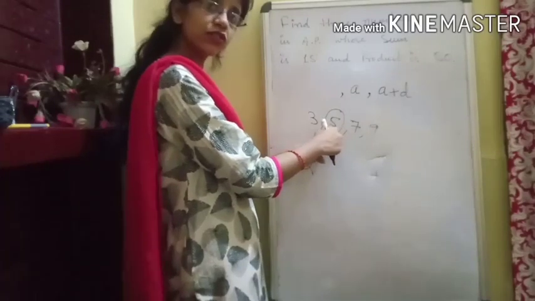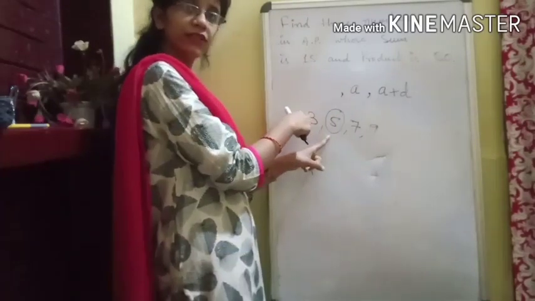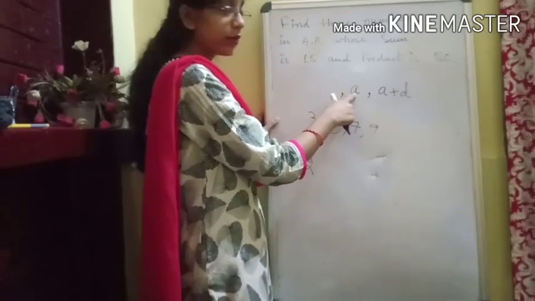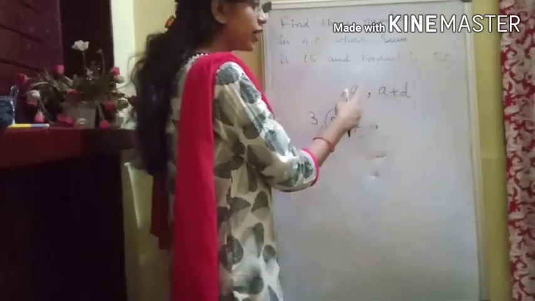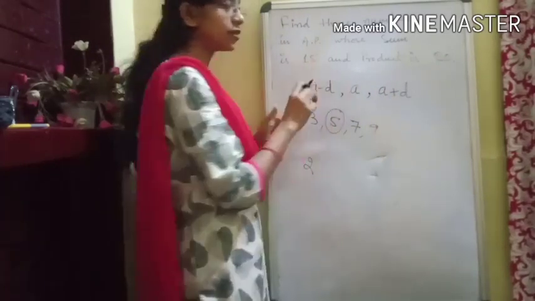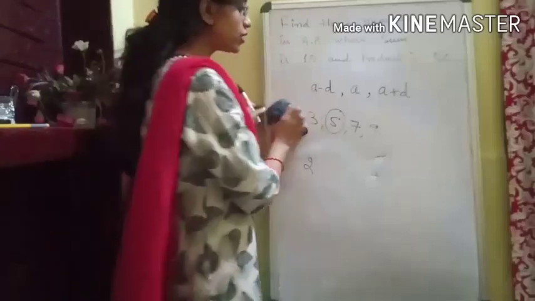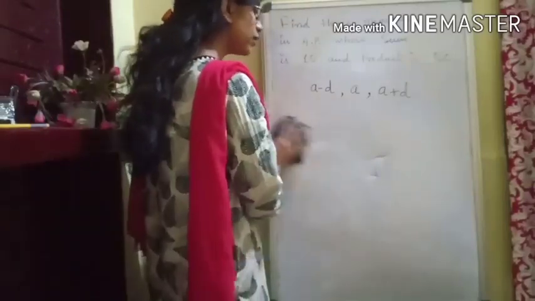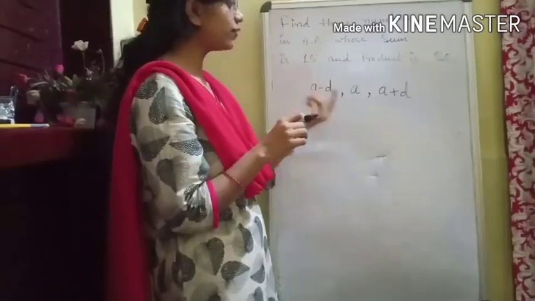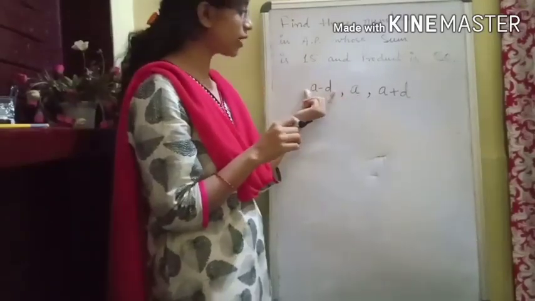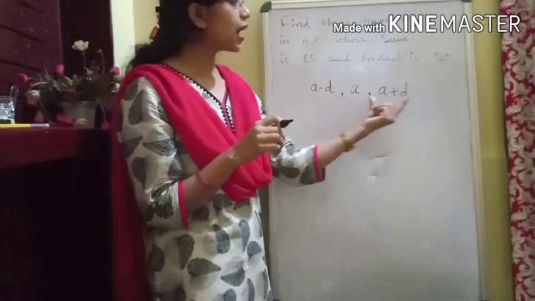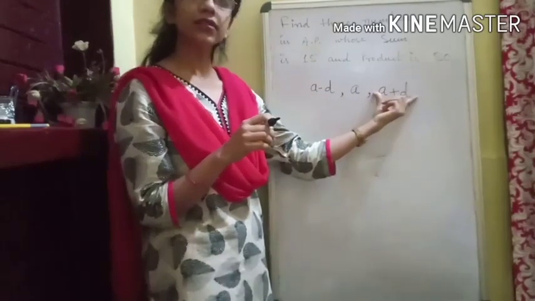If I subtract 2, that will give you the previous term. So if to a we add d, the common difference, we get the next term. If we subtract d, we get the preceding term. And that's how we take three terms in AP. Always when asked to take three terms in AP, we take a minus d as our first term, a as our second term, and a plus d as our third term.